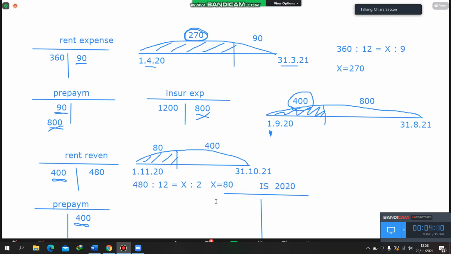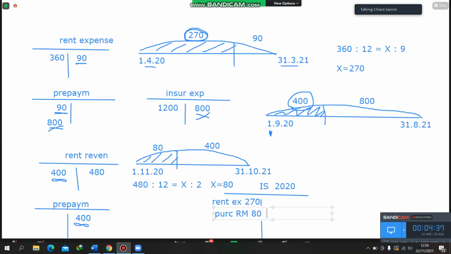We had, if I look at the transactions, rent expense, 270. Okay. Then the second one was purchase of raw material, an amount of 8,000.